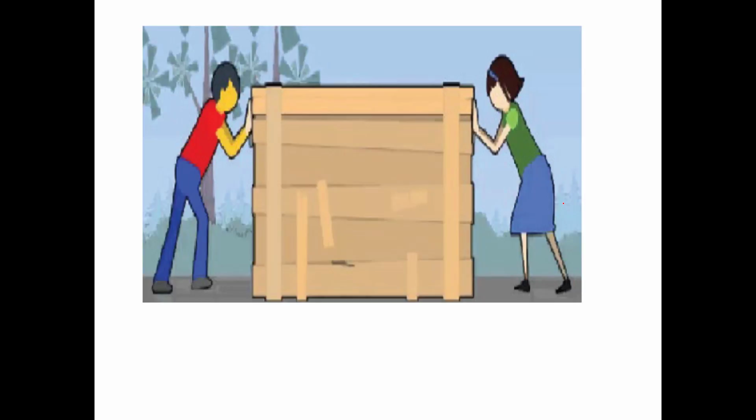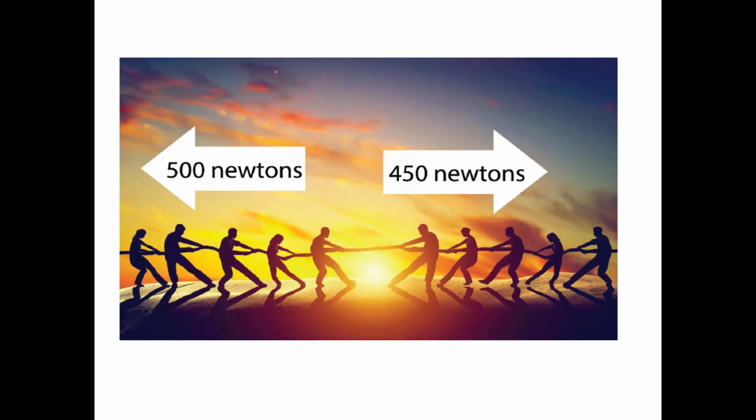Likewise, if we are pushing in different directions, for example, this one is pushing this way, this one is pushing this way, this one is pushing the other side, we don't know who is stronger. And a very good example is here. One side has a force of 500 newtons combined. In other words, when you have this person, this one, this one, this one, all of them pulling towards this side, their total force is 500 newtons to the left.